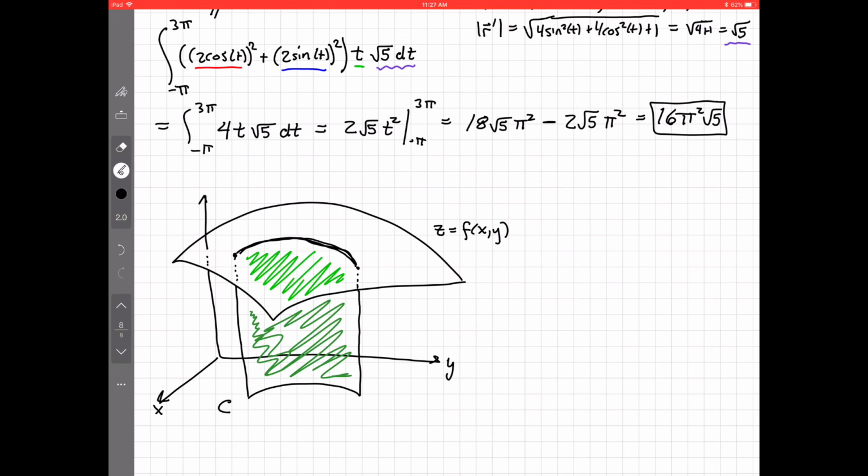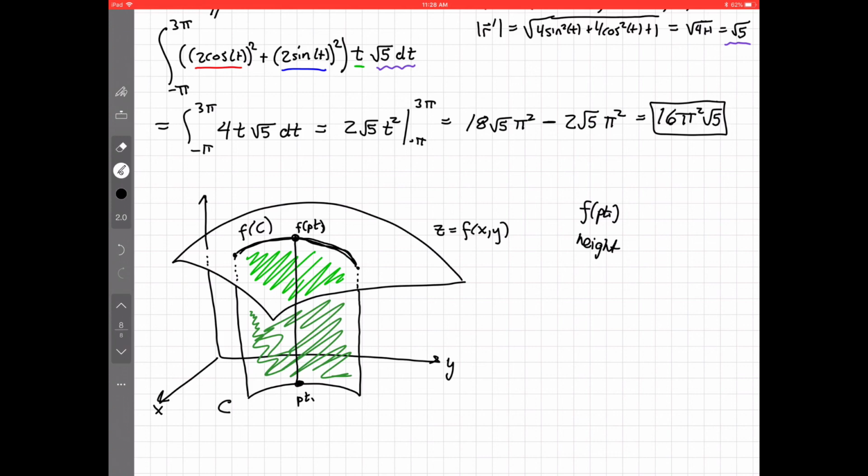This is the image of that curve up on the surface. Think about what it means to take a point on this curve and plug it into our function. Well, that's really giving you a height, right? So you can think of that as a height.